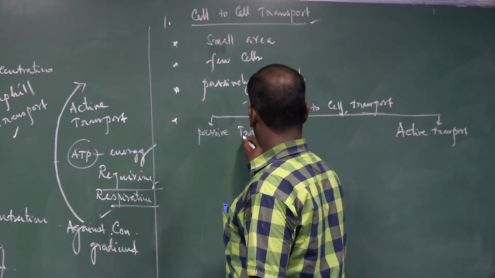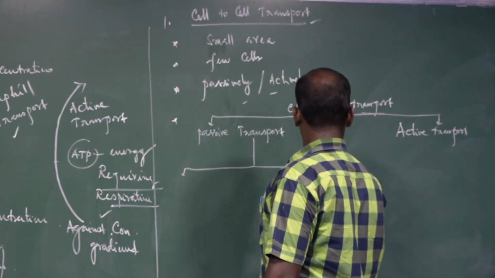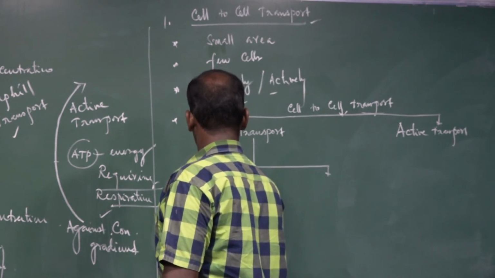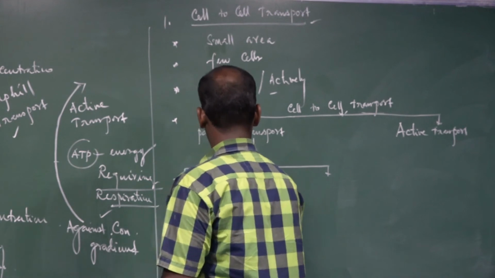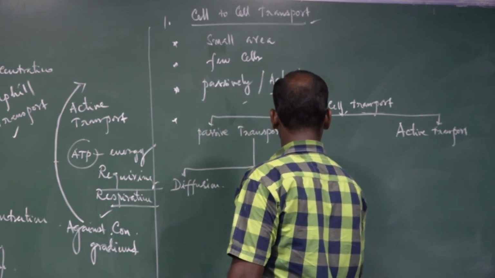Passive transport is further classified into two types: one is diffusion, another one is facilitated diffusion.